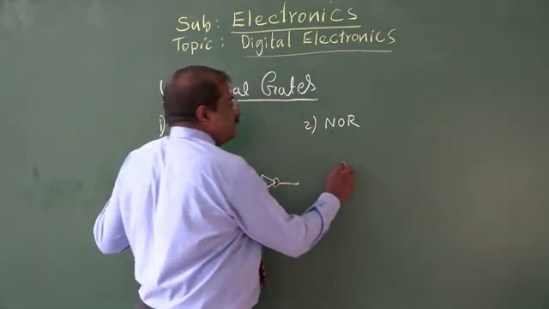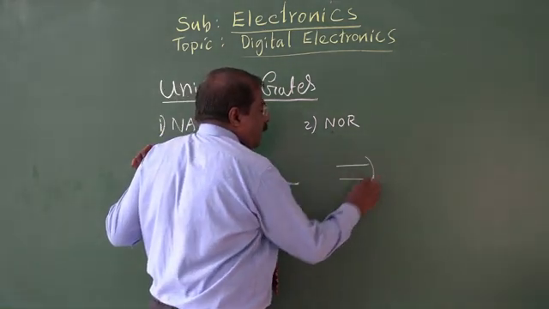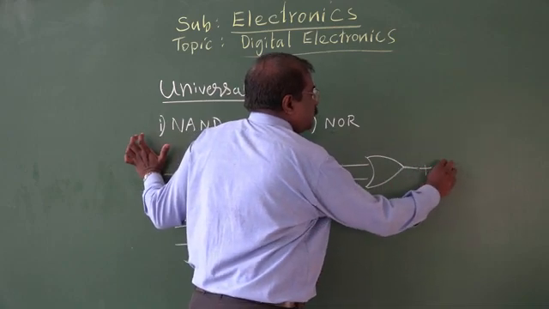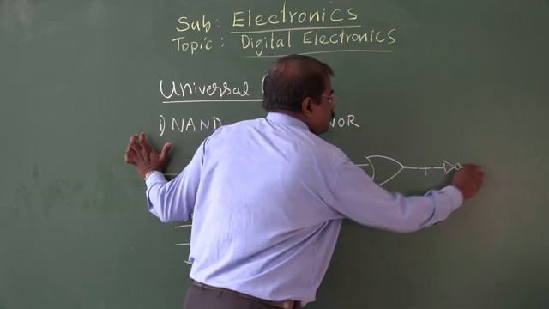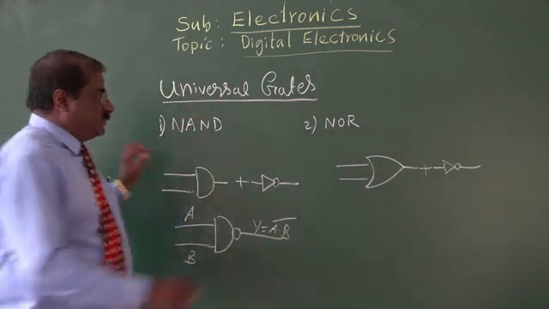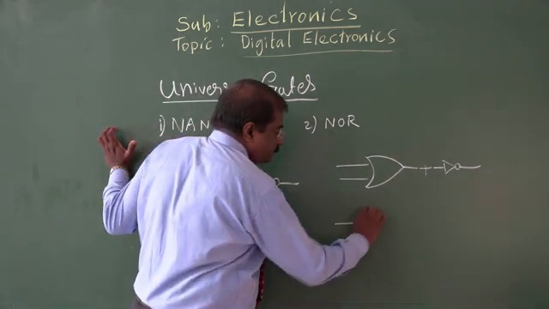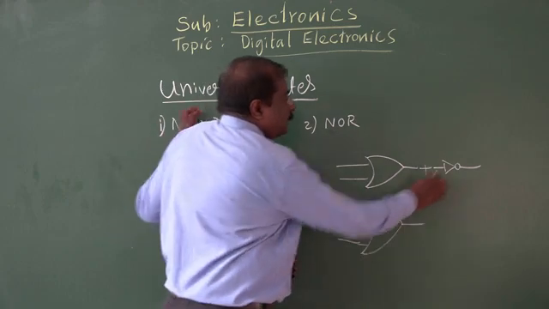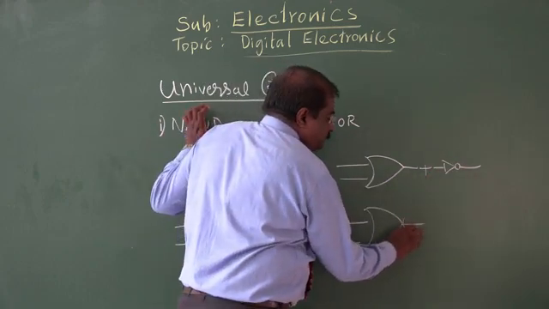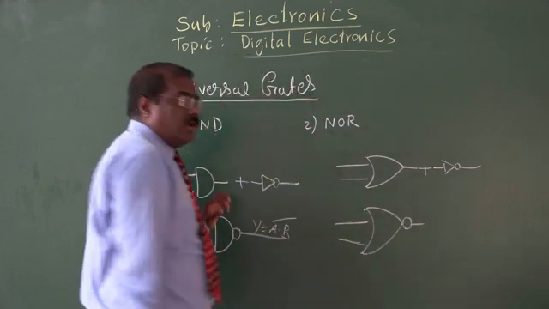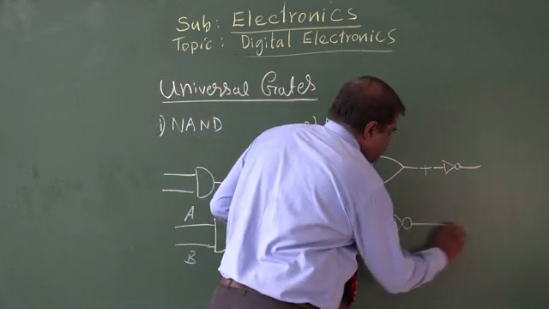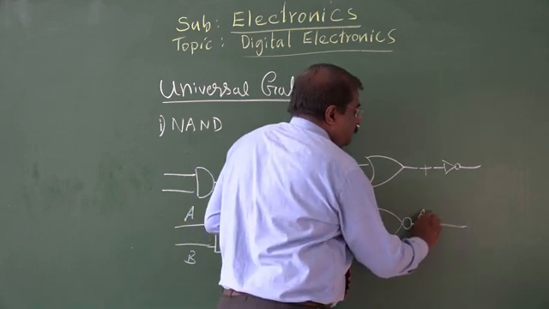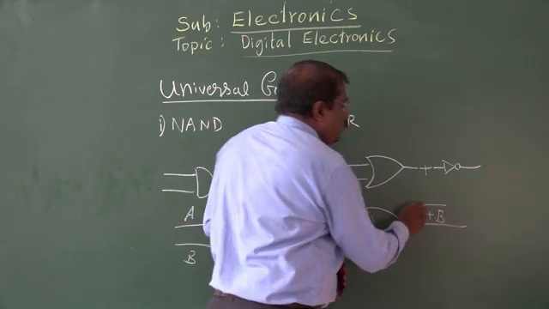NOR function is the same case as OR gate plus NOT gate. Now take the OR gate, next take the bubble here, this fetches you what you call the NOR function, A B, that is A plus B whole bar.